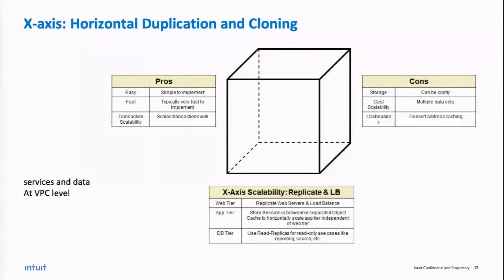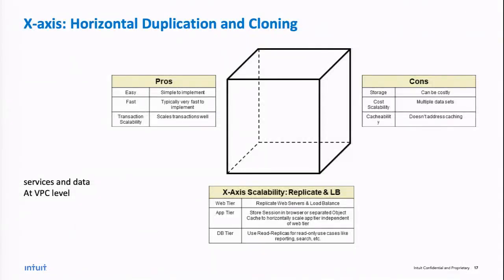So there are different pros and cons. If we duplicate and clone it, these are the cons, right? It is a hardware cost, because you're buying more machines, and then scalability, because you have multiple data sets now, and you need to horizontally take care of different replicas.